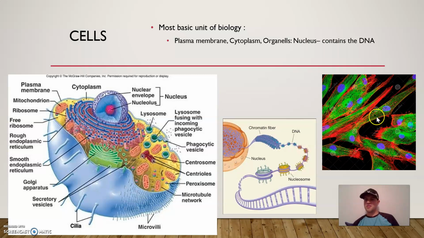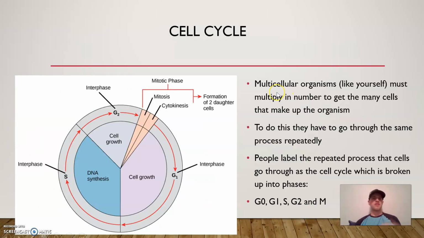You can only really see the nucleus. But here in red is the microtubule network. Green is actin, and red are these things called microtubules, so you can visualize what the cells kind of look like. So that's interesting. But aside from that, we're going to talk about the cell cycle.